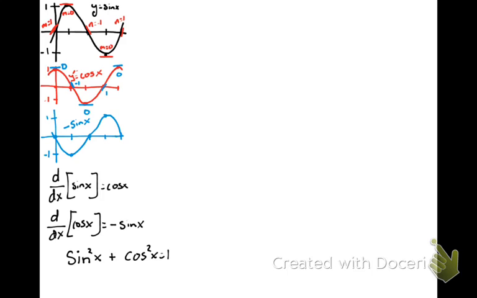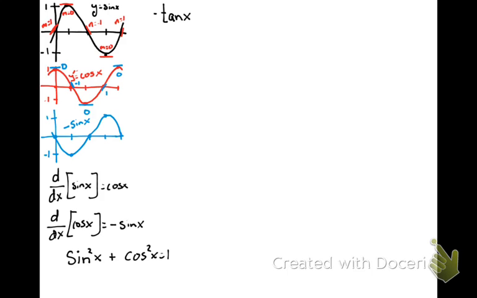So again, to repeat, the three facts you must know are that the derivative of the sine of x is cosine x, the derivative of cosine x is negative sine x, and sine squared x plus cosine squared x equals 1. From here, you could choose to memorize everything else or know how to derive them for when you use them.